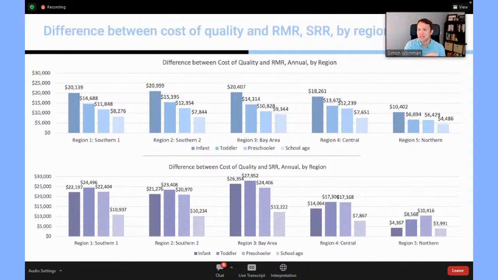And can't reiterate that enough that these are 2 specific scenarios we are running. Obviously, size of program, ages of children served can have a big impact on those costs as well. But this is the illustration from those 2 scenarios.